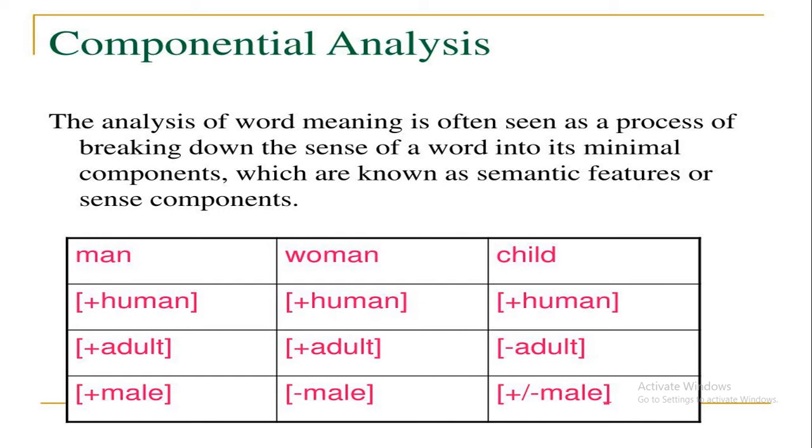Regarding the semantic feature of adulthood, we put plus adult for man, plus adult for woman, but minus adult for child. Regarding the third sense component, male, we put plus male for man, minus male for woman, and plus-minus male for child if we are not sure about the gender of the child.